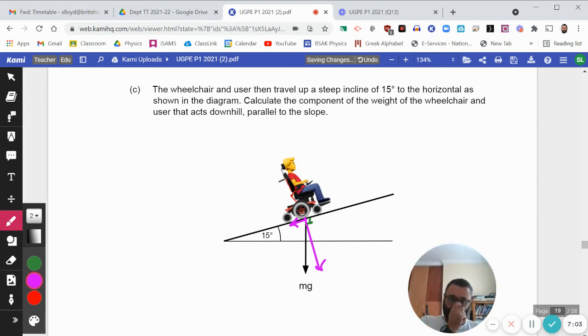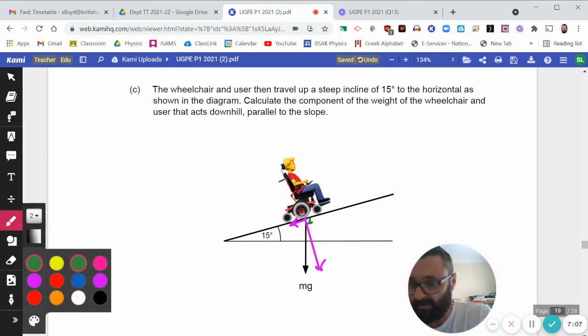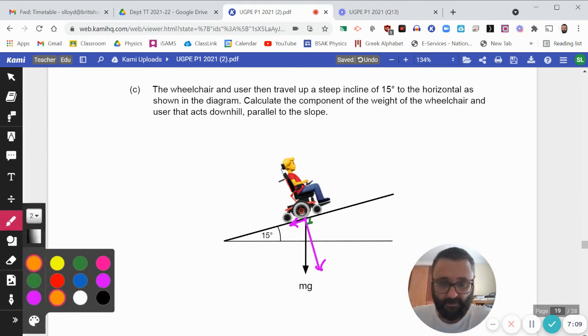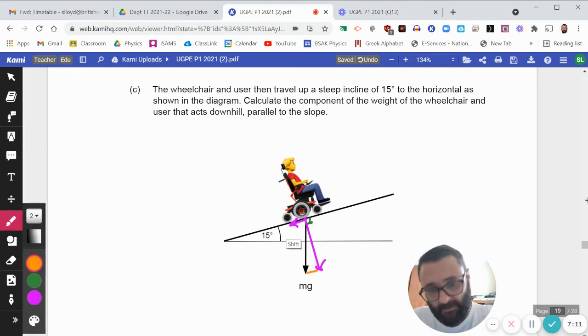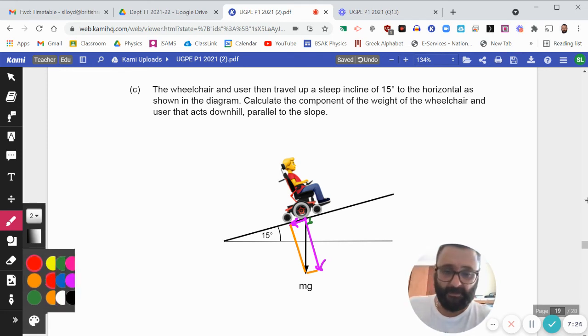That's the weight. I've drawn them like that because the two components should be the two sides of that rectangle. The weight, although it's vertically downwards, is the diagonal.